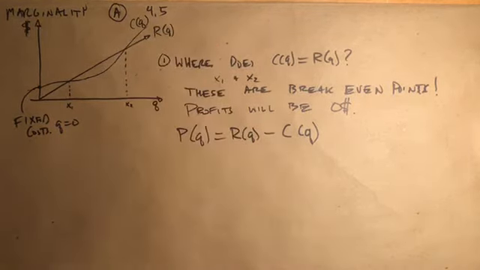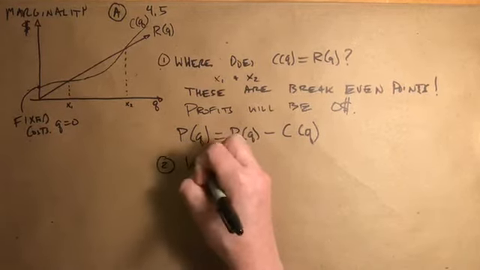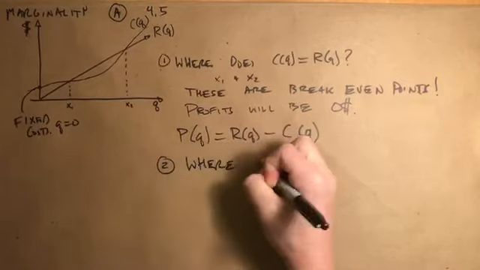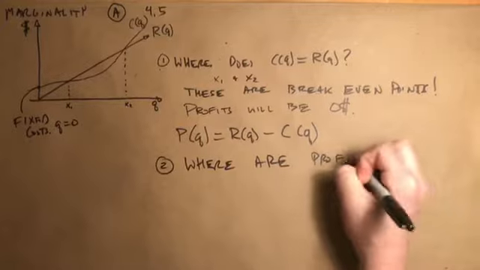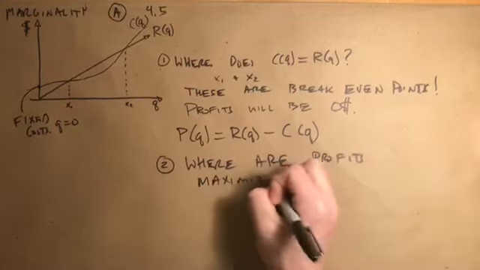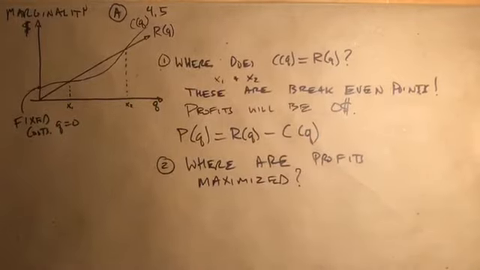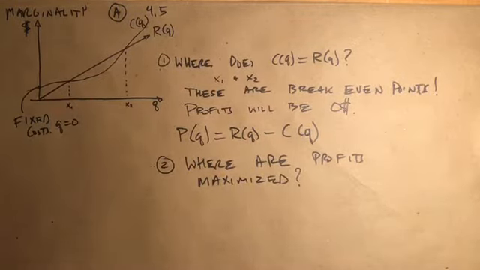There's the first one. And now the second one, and the real important one here is, where are profits maximized? Now, if I look at this graph, I'm really thinking about some amount of money, yes?